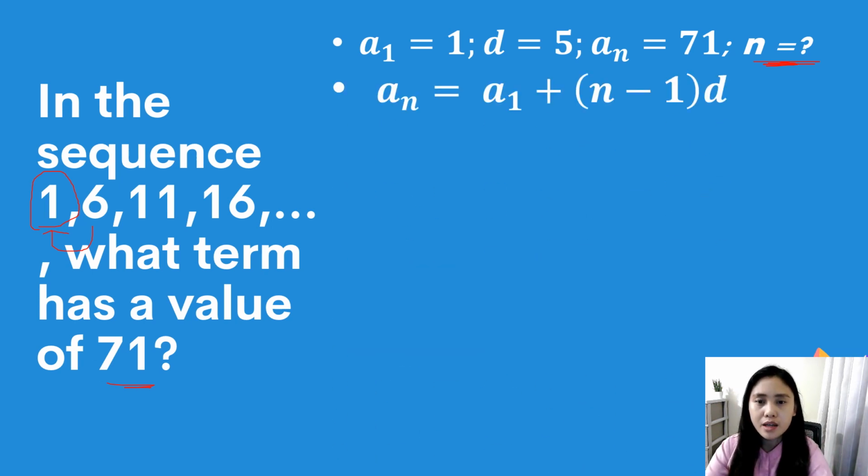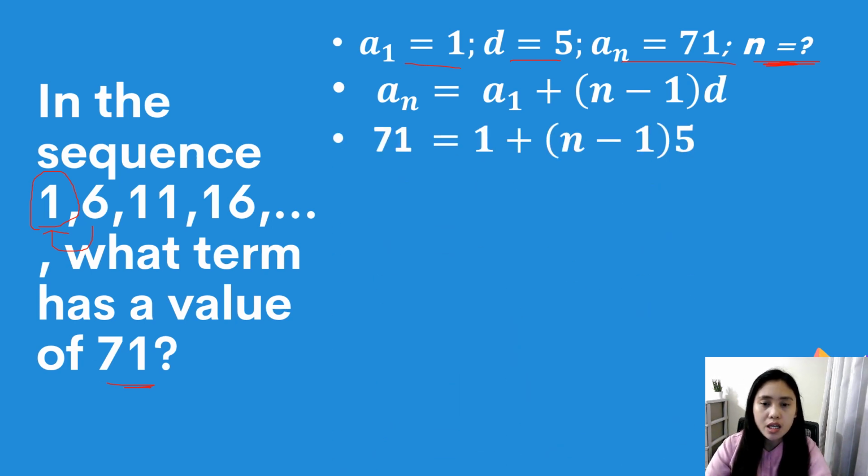So, let's start with the formula. A sub n equals a sub 1 plus n minus 1 times d. Ngayon, i-substitute ang mga values na ito. Okay, pagka-substitute, ganito dapat ang magiging itsura ng next step sa inyong solusyon. 71 equals 1 plus n minus 1 times 5.